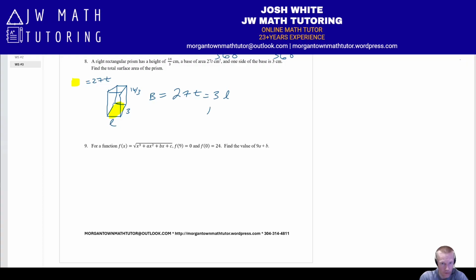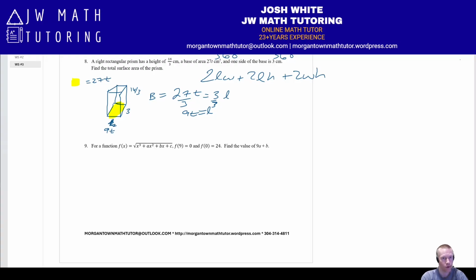Therefore, if we go ahead and solve this, you're going to get the length, just divide by 3, equal to 9T. Okay, so this side right here is 9T. Now we can just go through 2LW plus 2LH plus 2WH, and basically add everything up and get our answer.